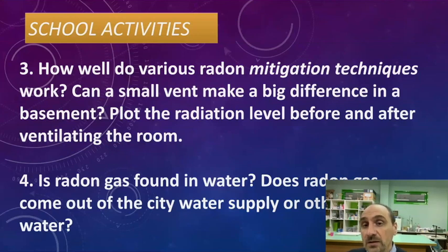And the last one is radon gas found in water. Does radon gas come out of a city water supply or other bodies of water? Because if you try and measure the radon in water, you can find an interesting level.